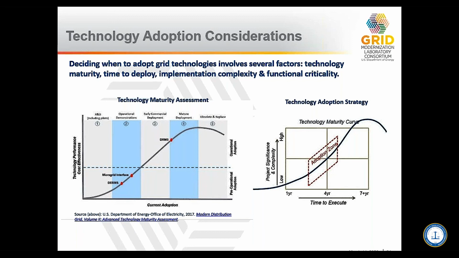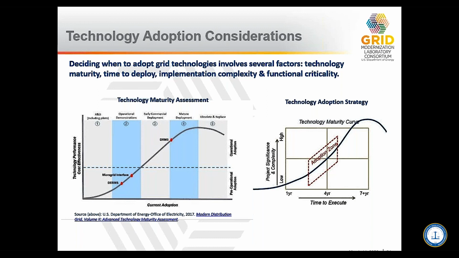Yeah. So this slide really gets at this technology adoption, and really something to consider is the timing, and really understanding where that maturity is, as I said. In volume 2 of our Modern Distribution Grid report, you'll see a whole series of these technology adoption curves, and where currently, based on feedback from industry and talking with technology vendors, the state of the technology is in terms of its maturity.